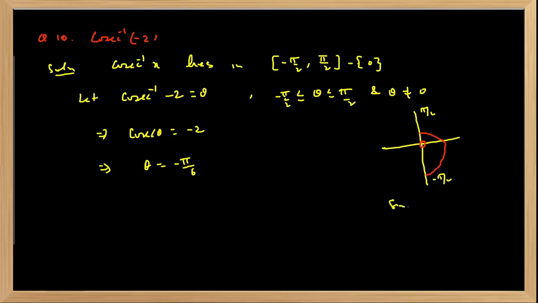Recall that sine of minus pi/6 will be minus sine pi/6, so its reciprocal cosec minus pi/6 will be minus. So cosec inverse -2 is minus pi/6.